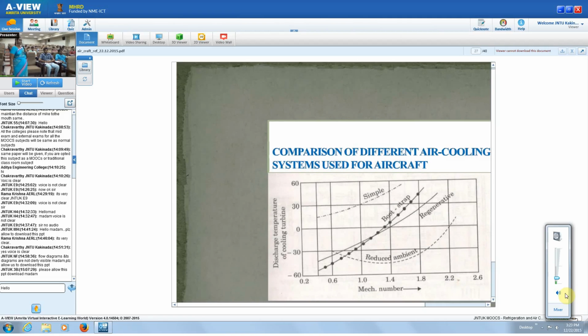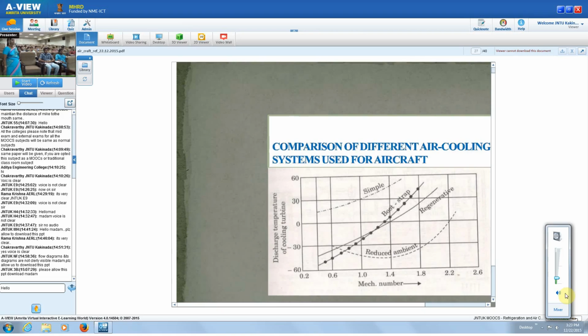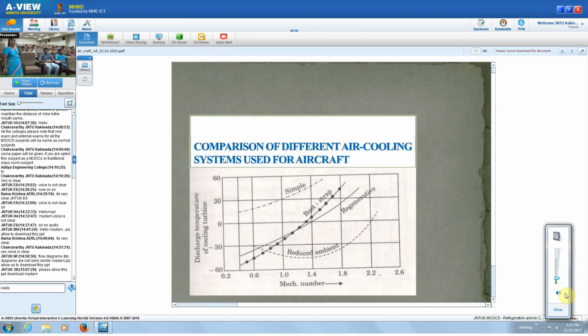We have seen different types of air cooling systems used for aircraft: simple cooling system, then bootstrap, then regenerative, then reduced ambient type and all this. This is the graph showing Mach number versus the discharge temperature of the cooling turbine. The main importance is always given to the lower temperature, that is the discharge temperature of the cooling turbine.